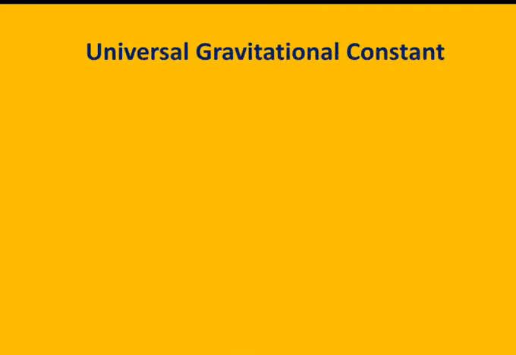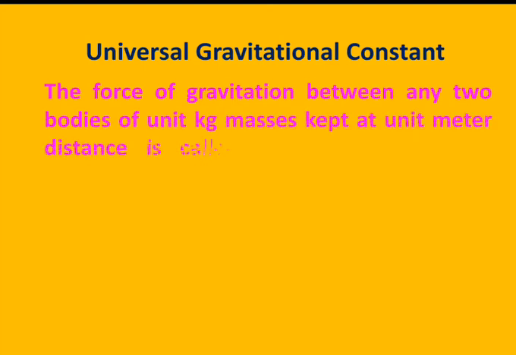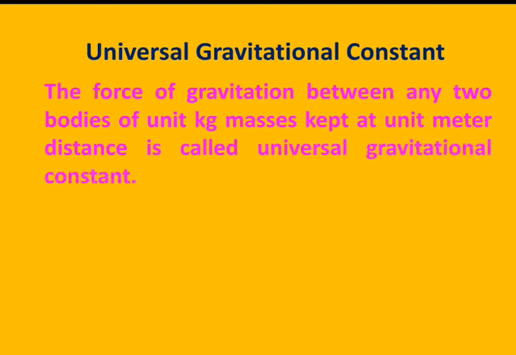Universal gravitational constant. The force of gravitation between any two bodies of unit kg masses kept at unit meter distance is called universal gravitational constant.